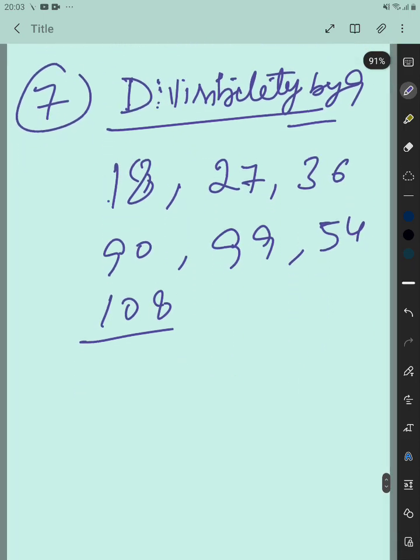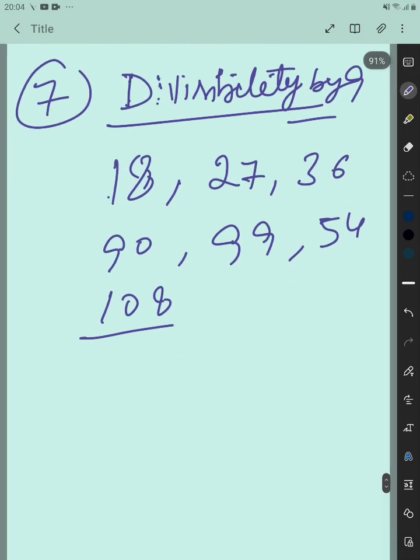If you see these numbers, is any kind of pattern visible or not? If you add the digits of the number, both the digits or all the digits, then something comes out.